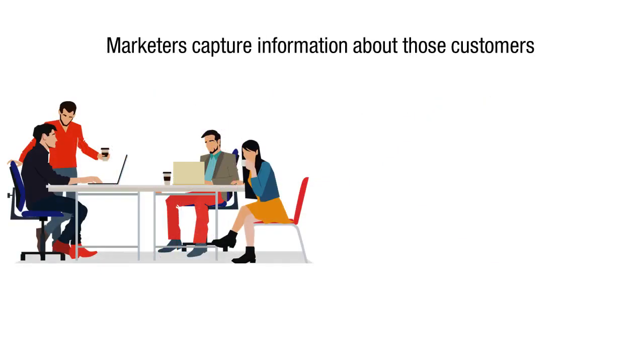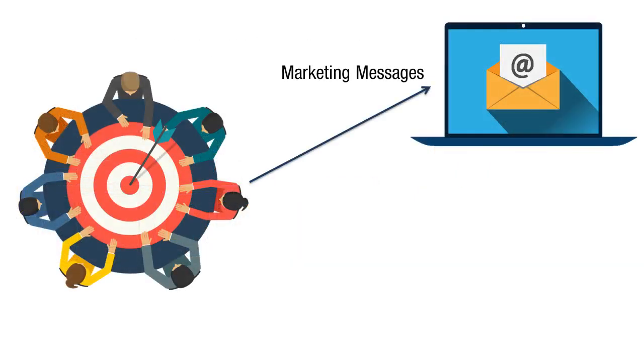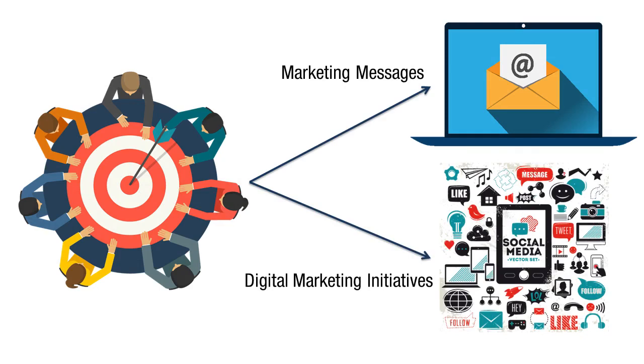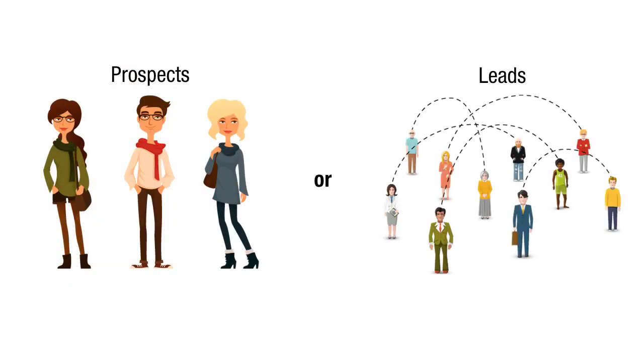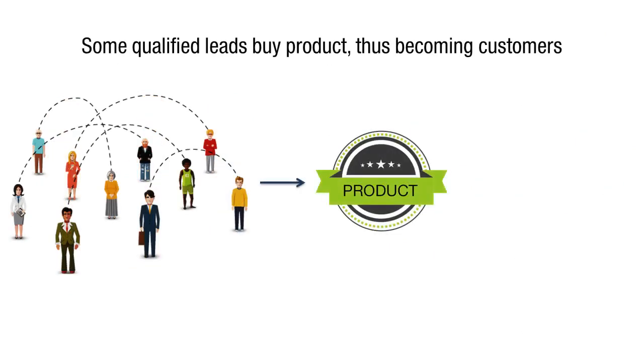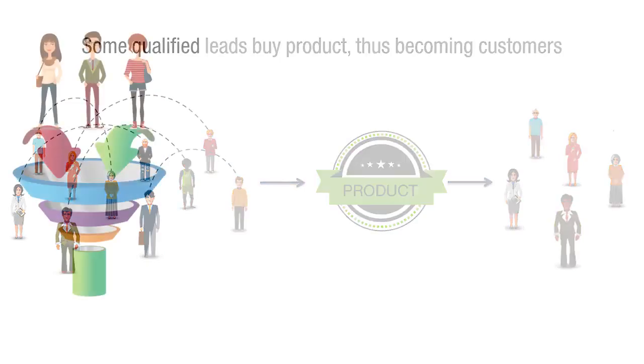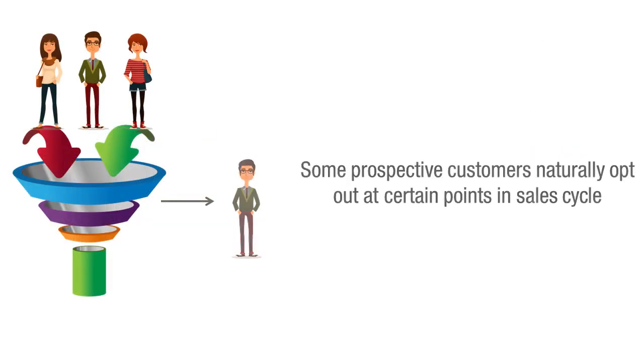Marketers then capture information about those customers and begin to target them more effectively with marketing messages and other digital marketing initiatives, and many become qualified prospects or leads. Eventually, some of the qualified leads buy the product, thus becoming customers. However, the leaky funnel shows that some prospective customers naturally opt out at certain points in the sales cycle.